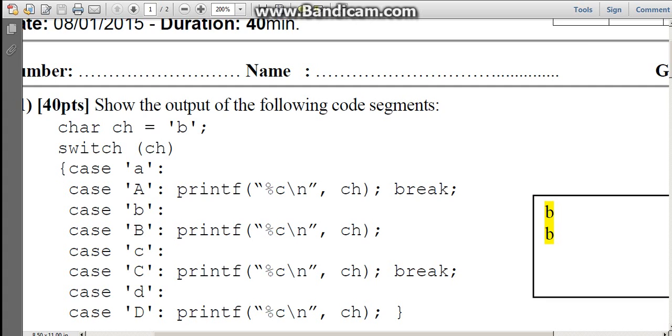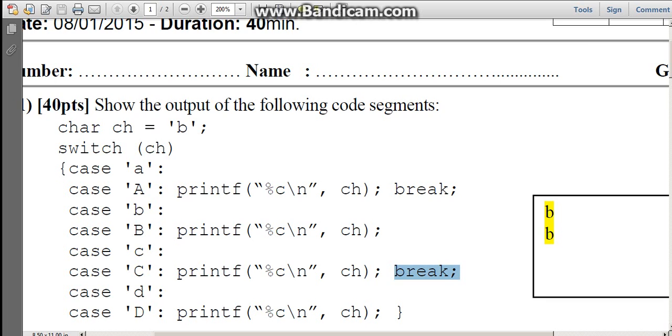there's no break here. Don't be confused. If the break did exist here, then they would only print one b, and the other one would vanish. Because there's no break here, we'll go down and check, then it's gonna print another b and stop.